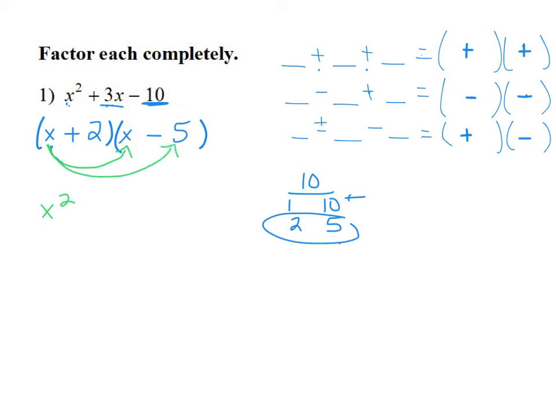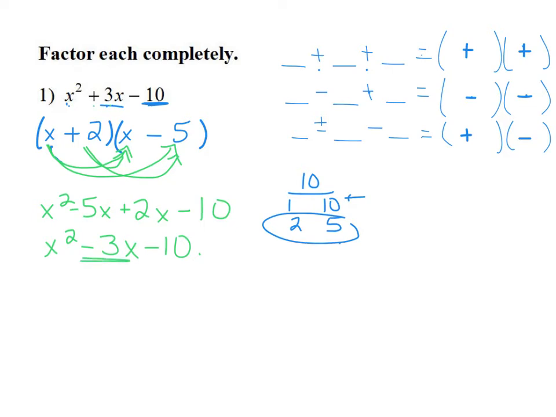X times negative 5 is negative 5x. 2 times x is 2x. 2 times negative 5 is negative 10. And then when we add these all together, combine like terms, negative 3x minus 10, we do not get to our original. Remember, the original had a positive 3x, so this doesn't work.